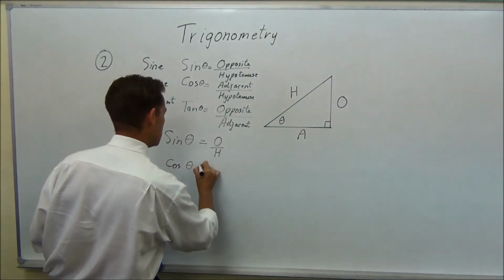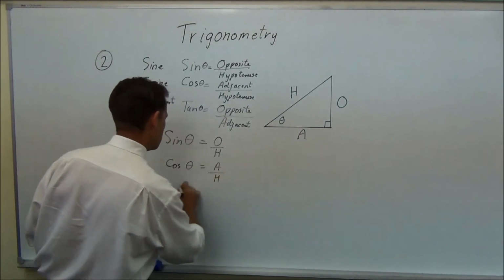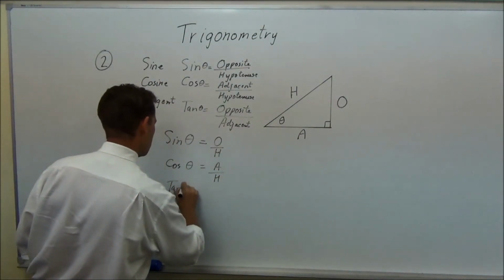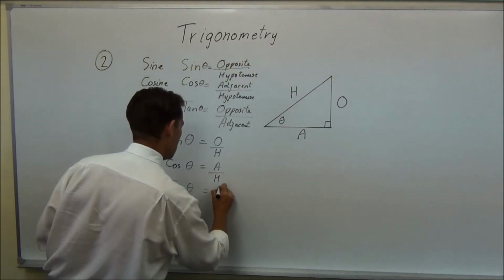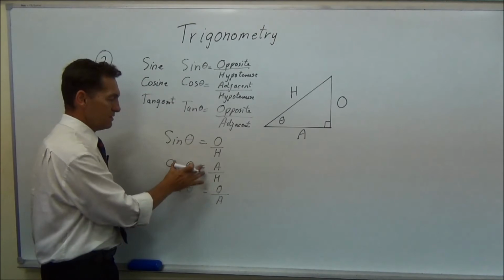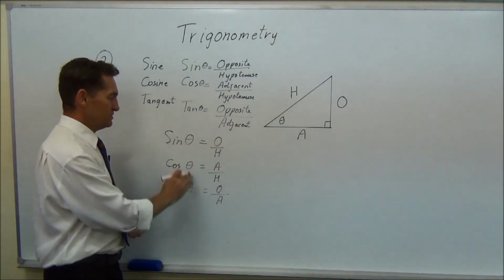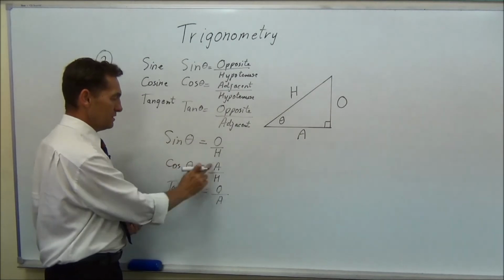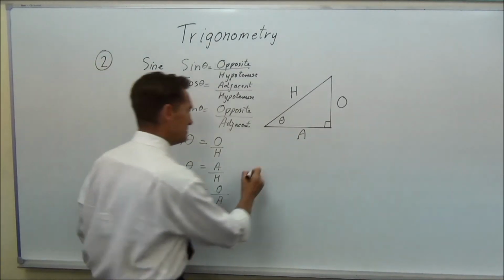Cos theta equals A over H, and tan theta equals O over A. Okay, they then abbreviate it to this, and then they do one more abbreviation, which is SOH CAH TOA, and that's the acronym that's typically learned.